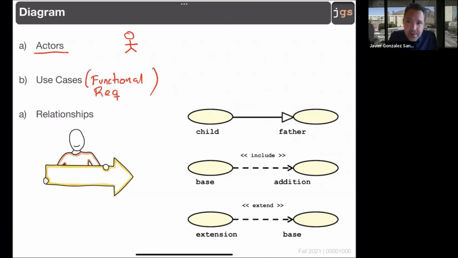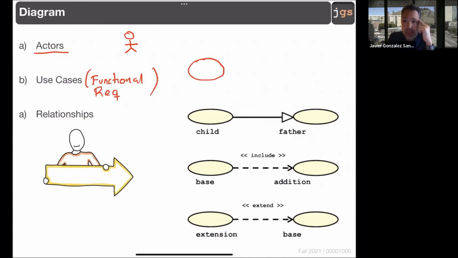Each functional requirement is going to be represented by one use case. The functional requirements of the system, each of them is going to be one use case, and use cases are represented with an oval. Each time that you saw an oval, that oval have inside a use case. That oval is a requirement, a functional requirement.